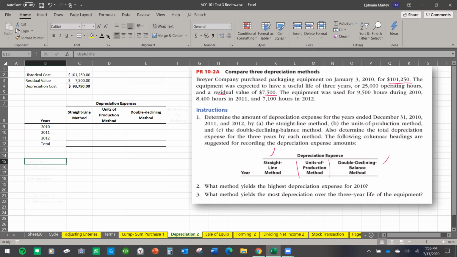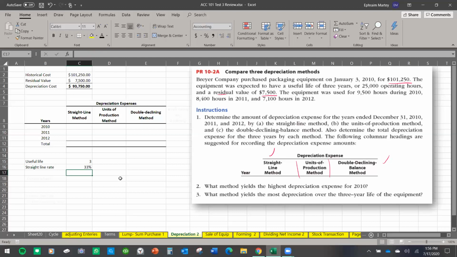Let's start with straight line. With straight line, I'm going to find my useful years. My useful life is 3 years. So there are 2 ways you can do it. You can find a rate and multiply by the depreciation cost, or you can take the depreciation cost and divide that by 3. If you want to find your rate, you can take 1 and divide by 3.